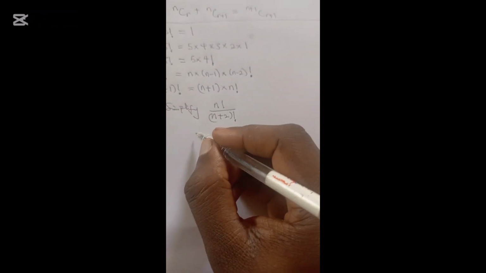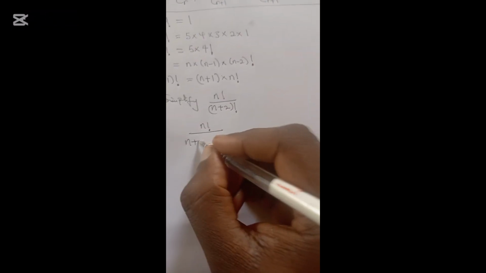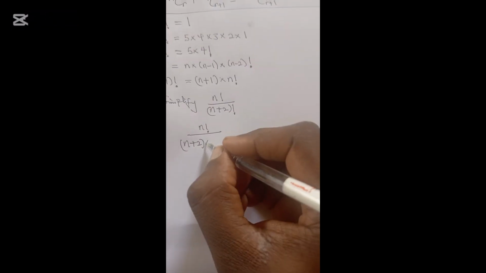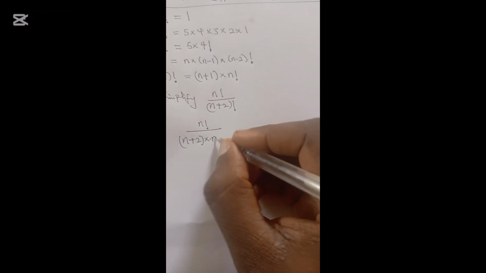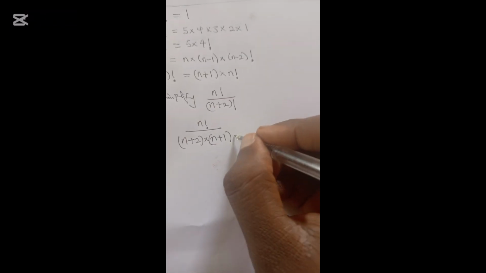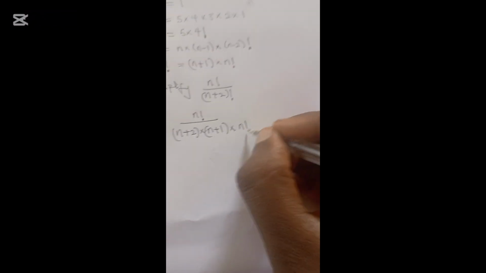To simplify this, we go n factorial over n plus 2, and we drop n plus 2 by 1, and it keeps decreasing by 1. It goes n plus 1. After n plus 1, we should have n factorial.